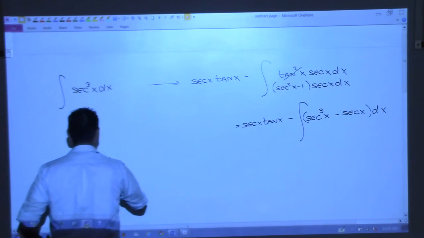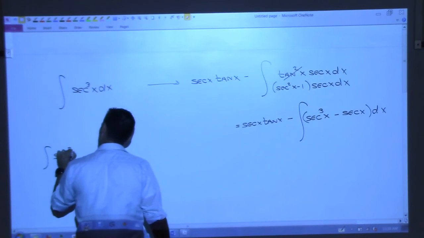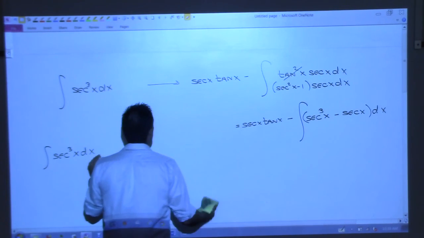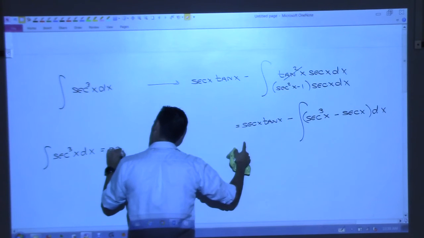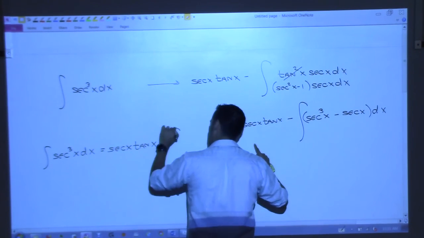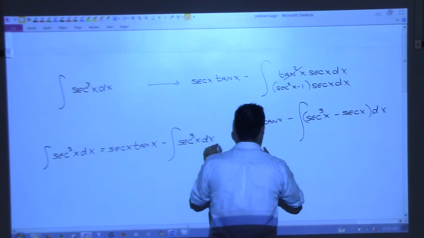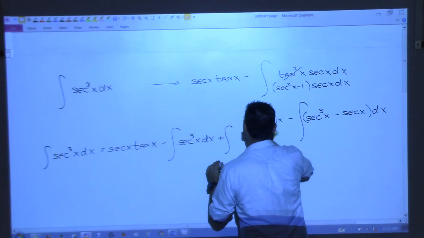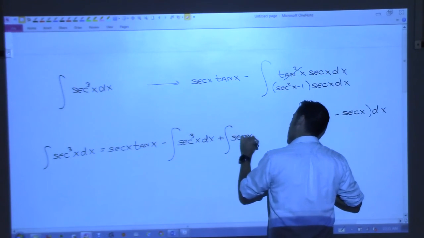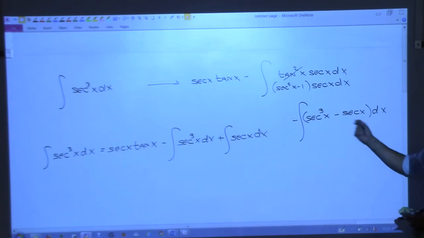Let me remind you of where we are here. We are saying that the integral of secant cubed x is equal to secant x tangent x minus the integral of secant cubed x dx plus the integral of secant x dx. So what I did was I just passed that negative through and split this into two integrals. Do you see it?